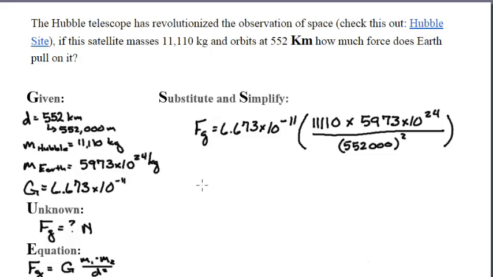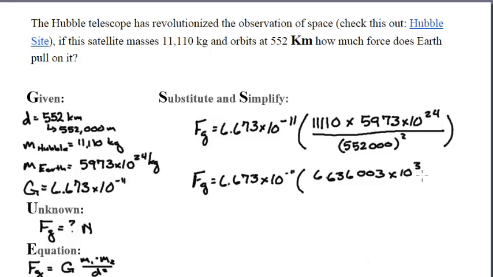So if I solve the top of the parenthesis, 6.673 times 10 to the negative 11, 11,110 times 5,973 E 24, I get 6.636003 times 10 to the 31.